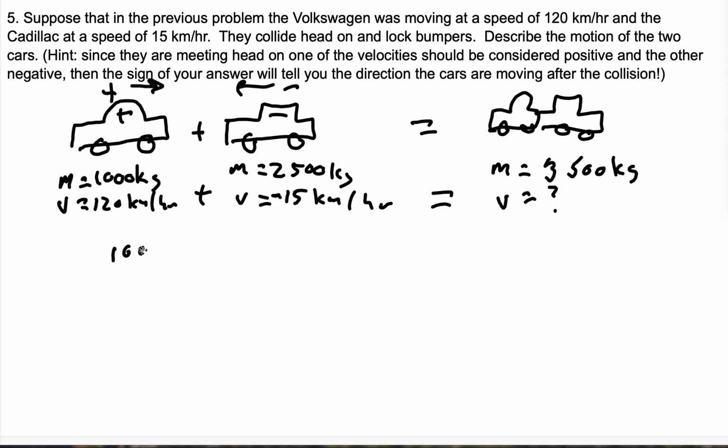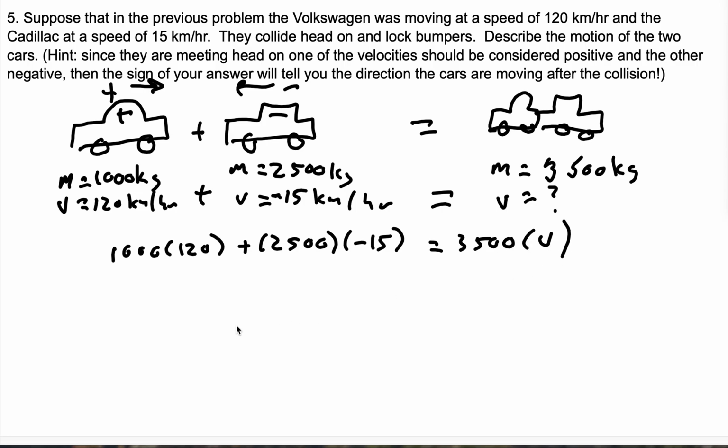So here I would have 1,000 times 120 plus 2,500 times negative 15, and that has to equal 3,500 times my mystery velocity. So if I plug this in my calculator, this will be 120,000 plus, this one I can't quite do in my head. What's 2,500 times negative 15?